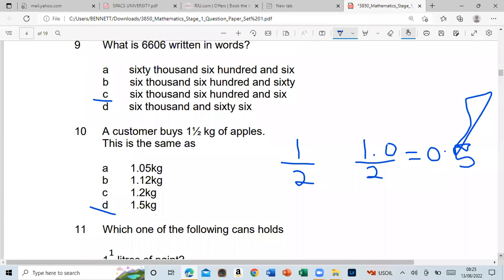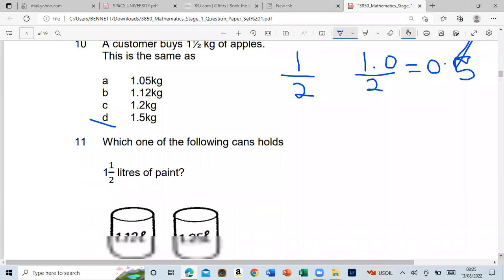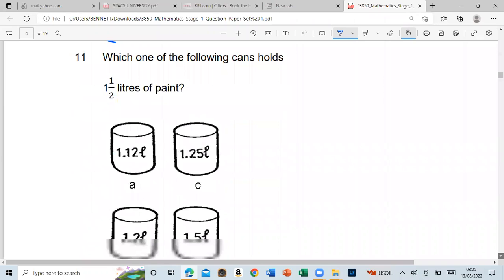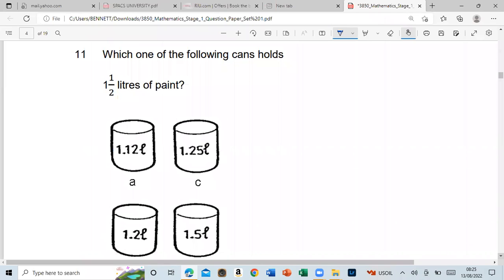All right, number 11. It says, which one of the following can hold 1.5 liters of paint? Is it A, B, C, or D? The 1.5 liter.